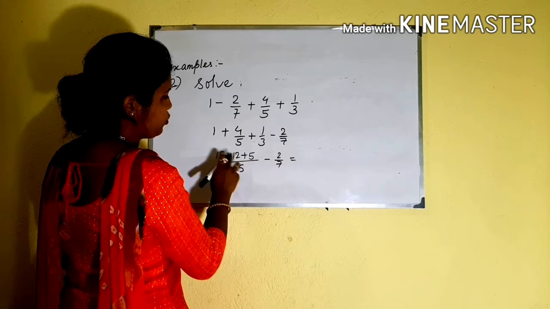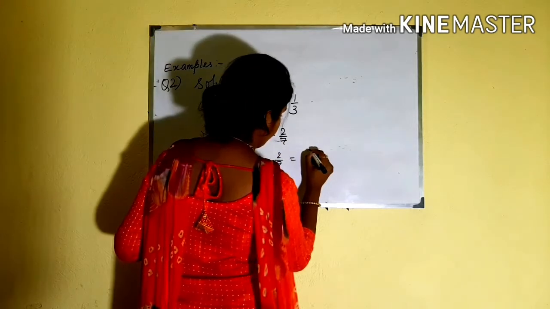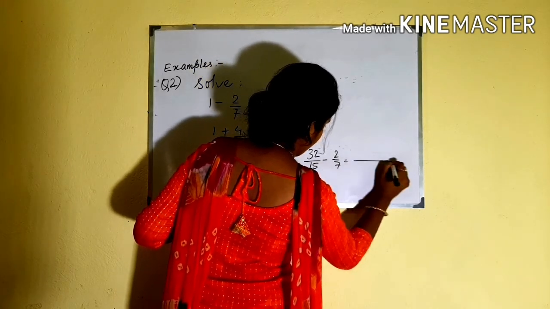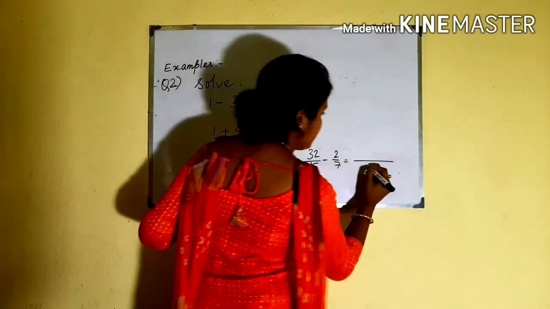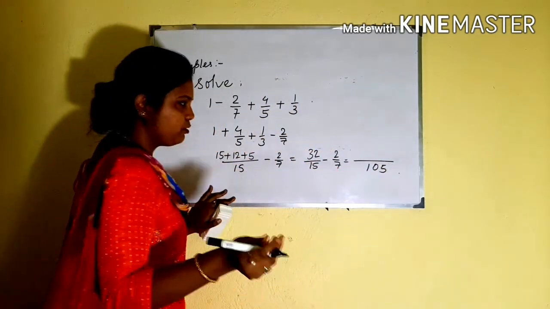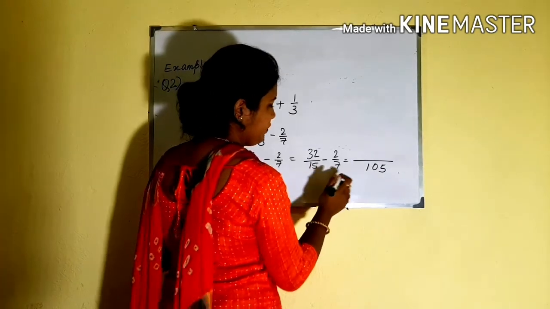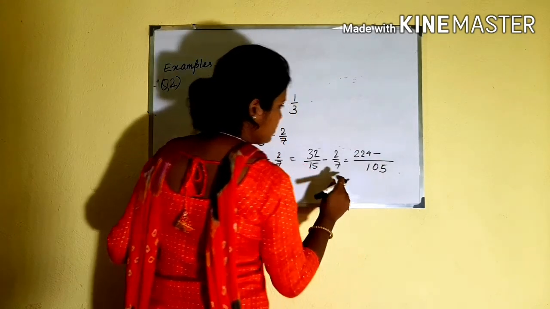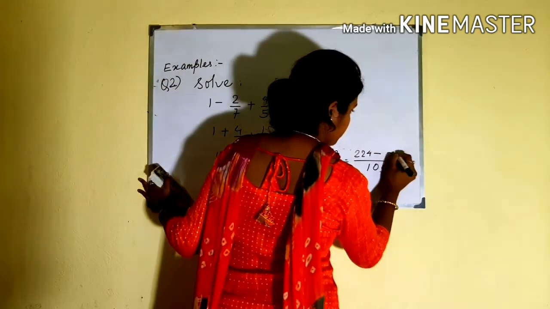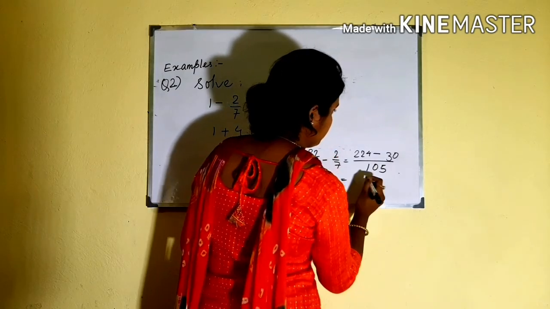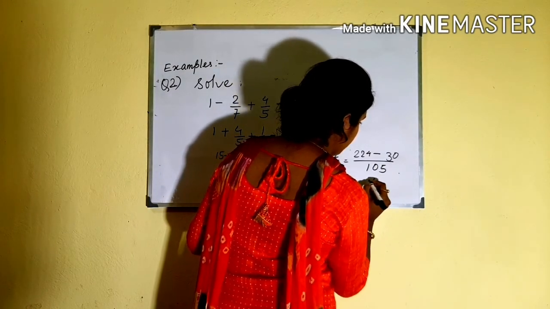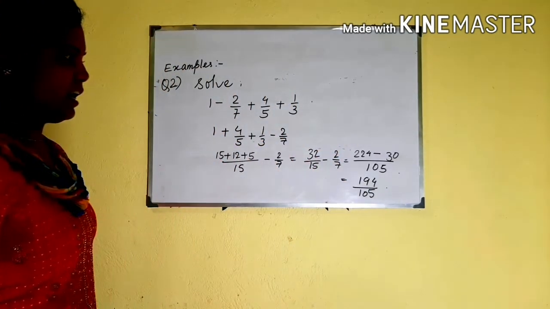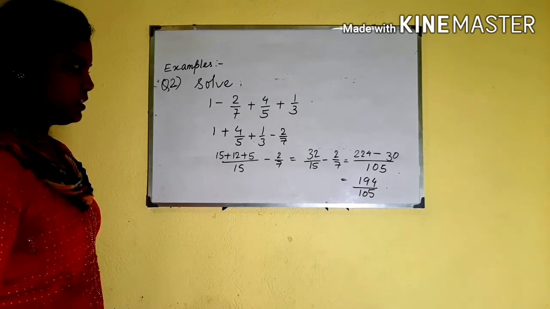Next, 15 plus 12, 27 plus 5, 32 by 15 minus 2 by 7. Now, what is the LCM of 15 and 7? That is 105. You can check it out in your notebook if you have one. 32 into 7 is 224 minus 7 fifteens, 15 twos are 30. So you get here 194 by 105. Okay, is it clear to you all?